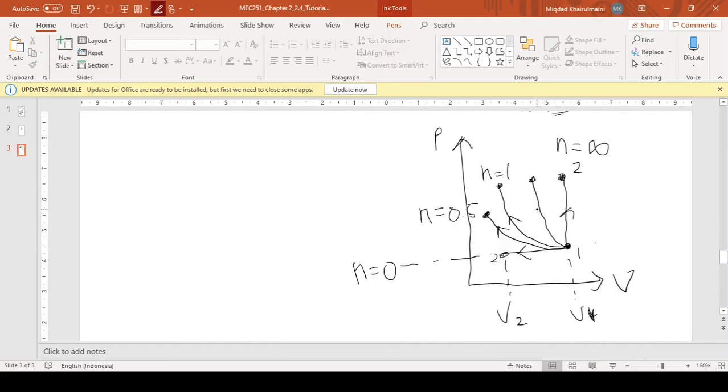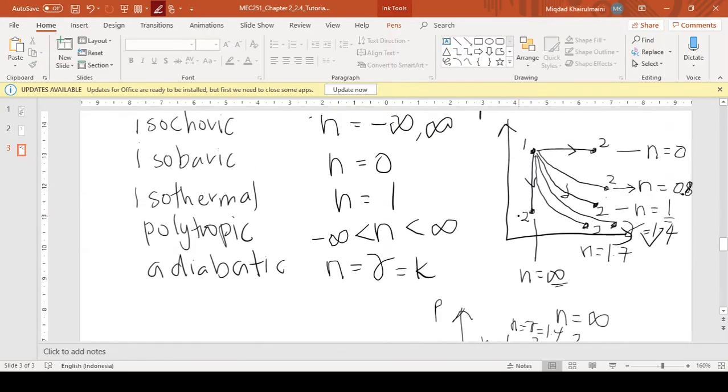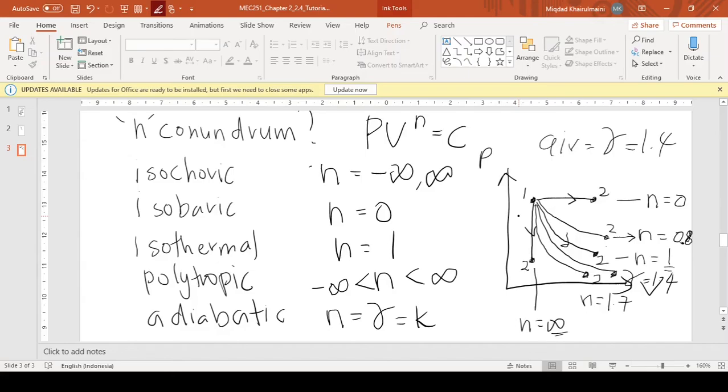So here is n equals gamma equals 1.4. So we have to look at the type of process, compression or expansion, and of course the value for n, so we can draw the process line correctly. I hope that by showing you this explanation on what I call the n conundrum, masalah kepada nilai n ni, it is a bit clearer, but if there are any questions you can ask.